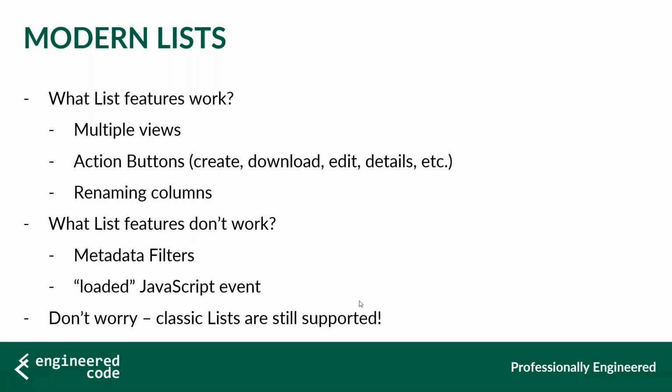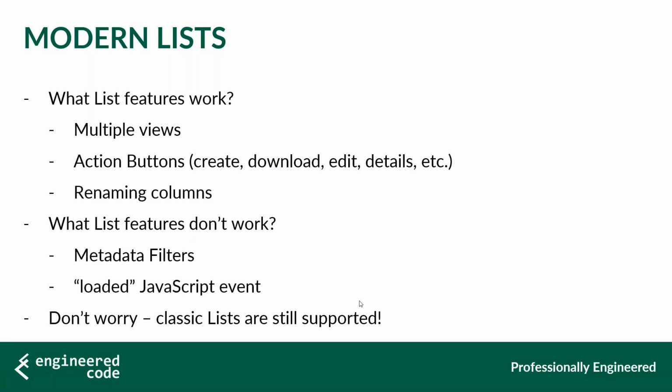The big one for me is the loaded event. On a classic list, every page that comes up is a separate AJAX request to the server to load that page of information. And when that happens, Microsoft has defined and documented the loaded event so that we can run JavaScript every time the data on a list is refreshed.